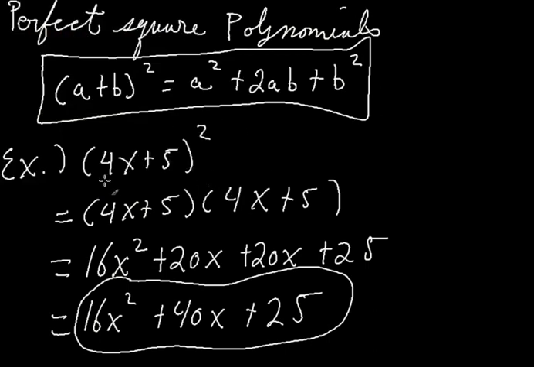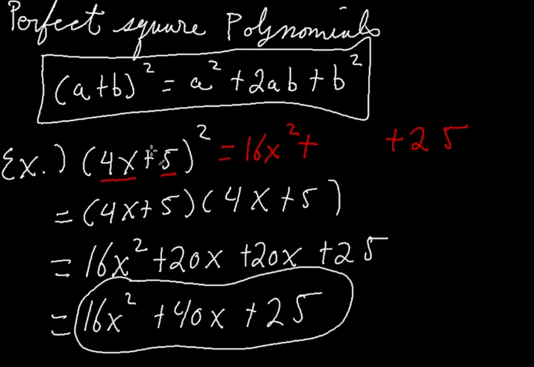So in this problem, a is 4x, and b is 5. So it's trying to say that you can take 4x squared, which would be 16x squared, and then the b squared here at the end would be 5 squared, so that's plus 25. And then you have 2, and we had 2 of the same thing, so that's where that's coming from. 2 times these multiplied.